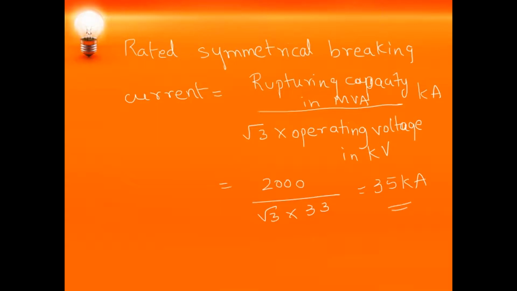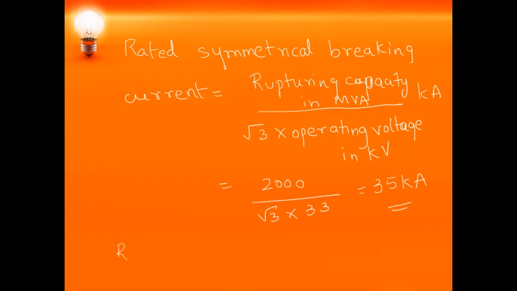And we are supposed to find the rated making current. Again, if you calculate, you will get it in the same way as we have done for the previous equation.